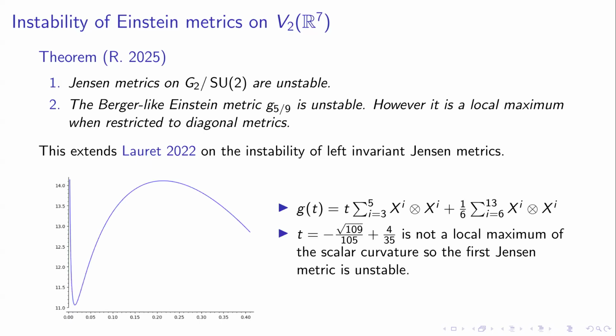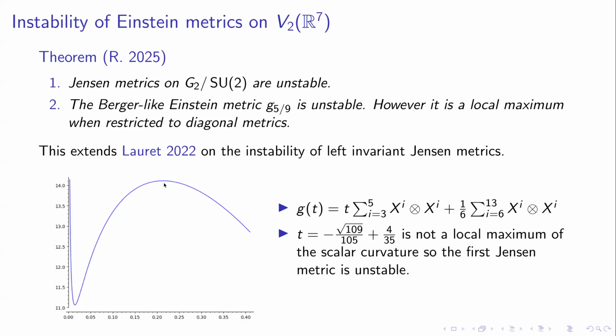Well, here there are some pictures. This picture is to understand why the Jensen metrics are unstable. This is the graph of the scalar curvature along the Jensen deformation. This is the family where the Jensen metric appears here and here. And the first one is a minimum along this family, so it's discarded as stable.